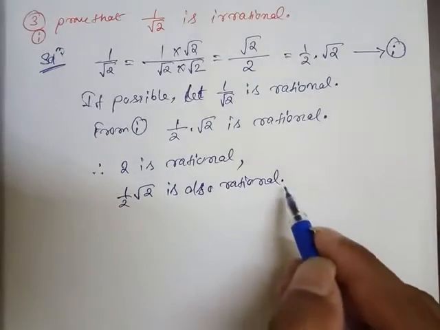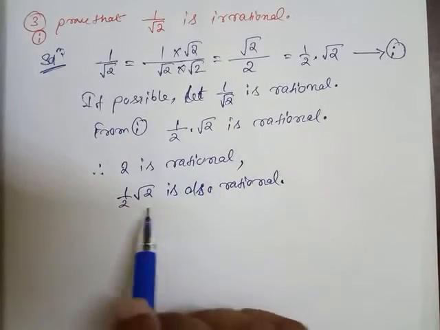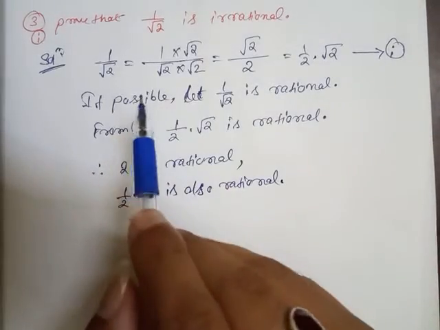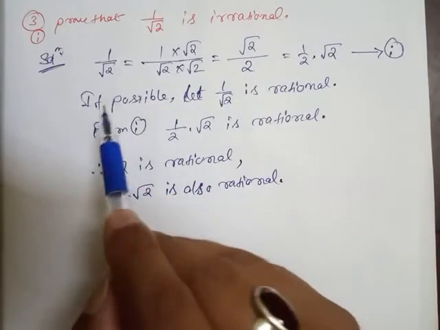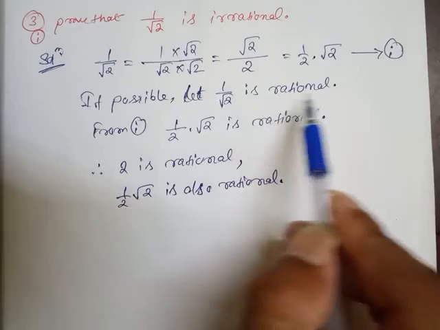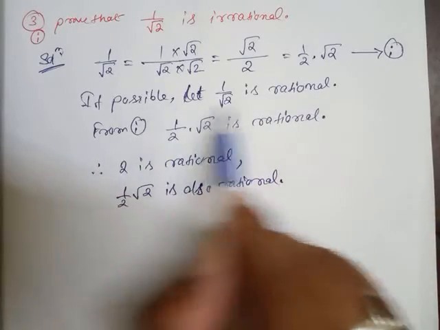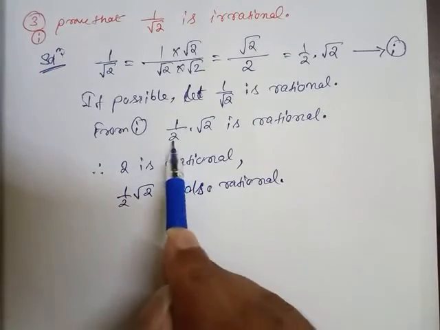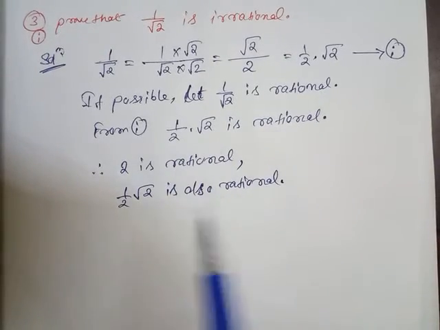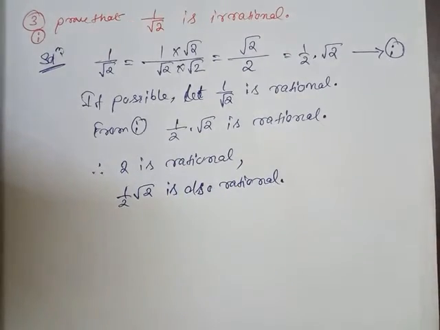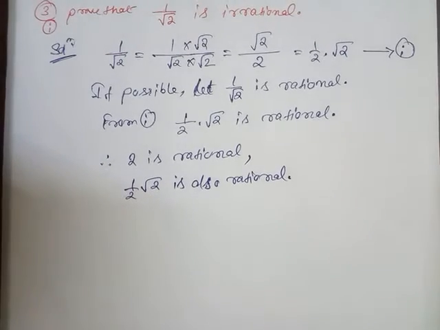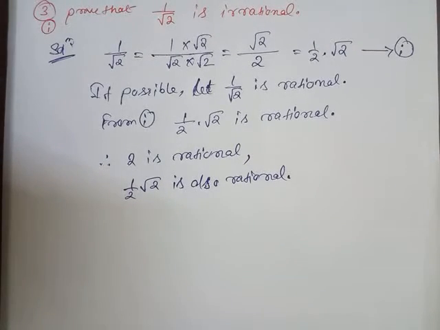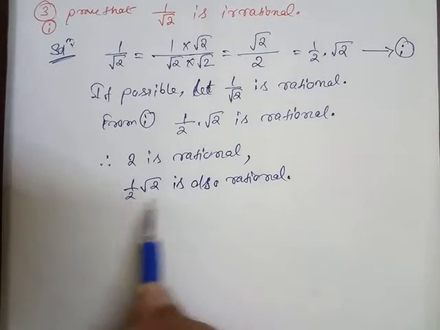Now look here student, don't get confused, I have written this sentence one more time. Starting from the beginning, I am saying that if possible let 1 by root 2 be rational. So this is our assumption. Then from equation 1, half into root 2 is also rational, and 2 is also rational, then this part half into root 2 is rational. Now after this step, we are going to multiply this value with 2 only.